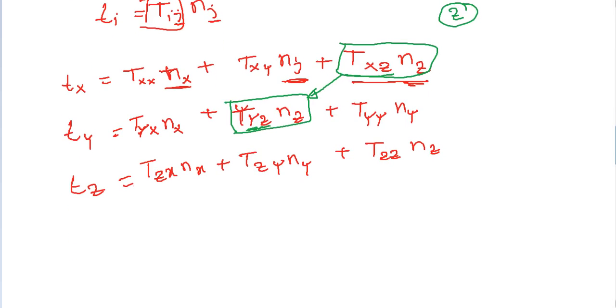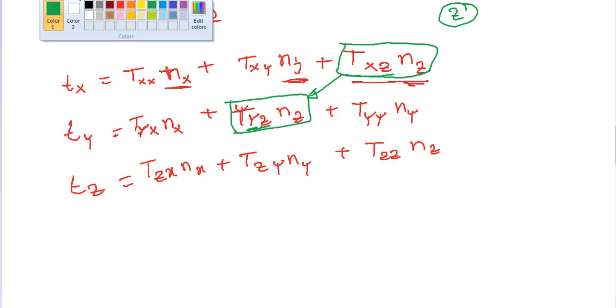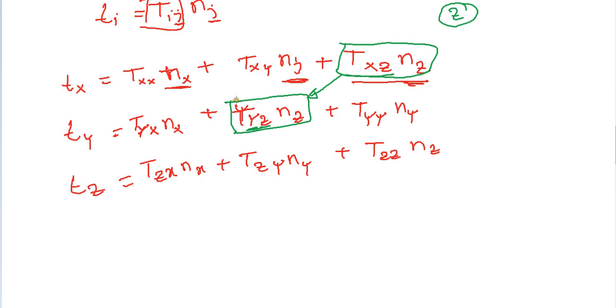Yeah. In the same way, I'm going to change the color so it'll be better for you to understand. Yellow, yeah. So this component and this component act towards the y plane, right?